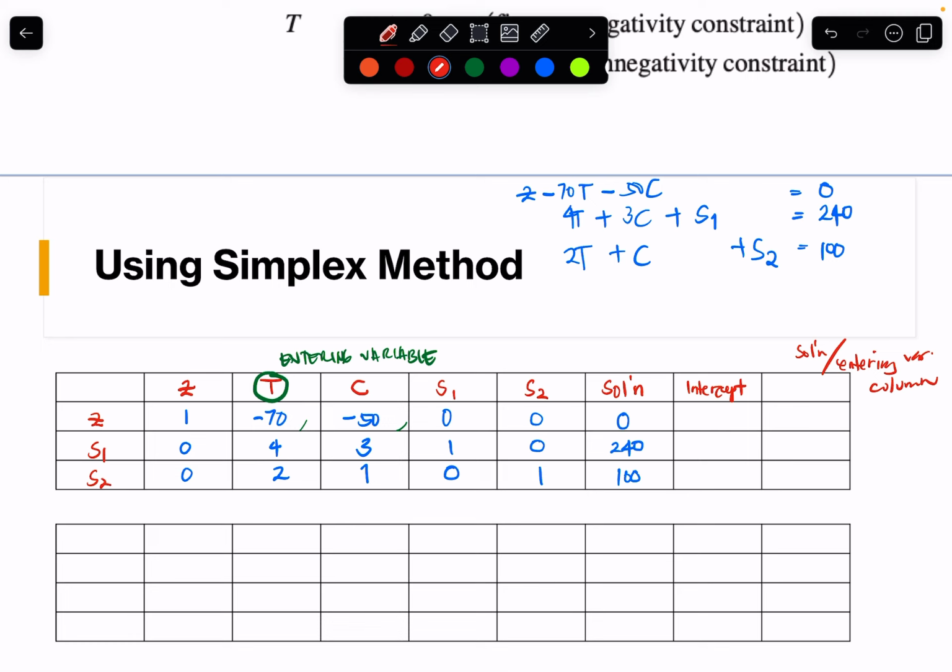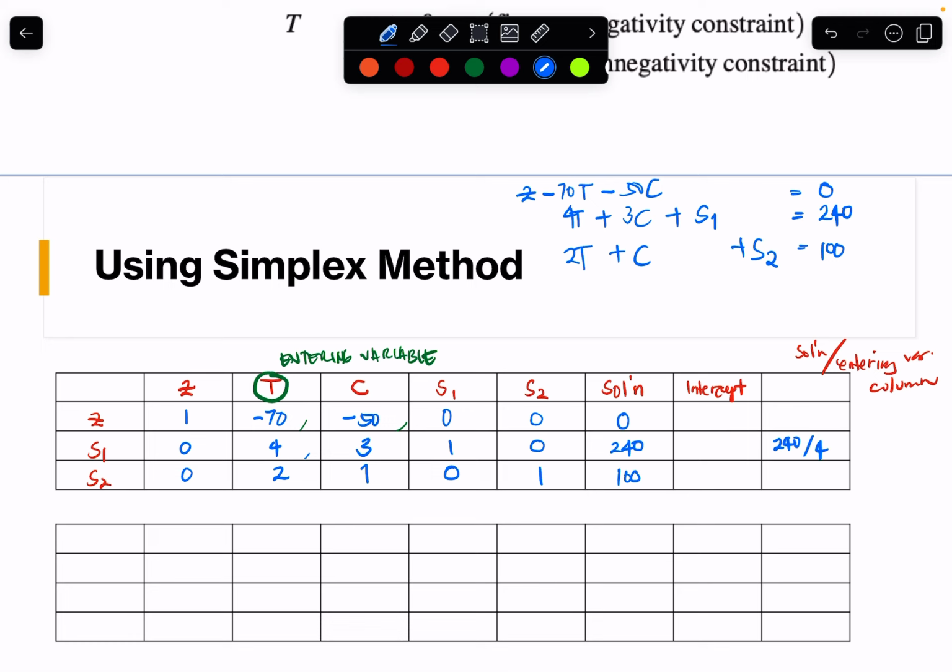So we have the solution 240, and the coefficient for the entering variable is 4.